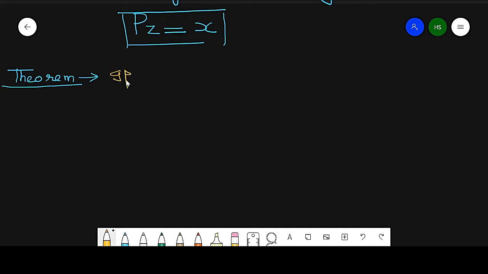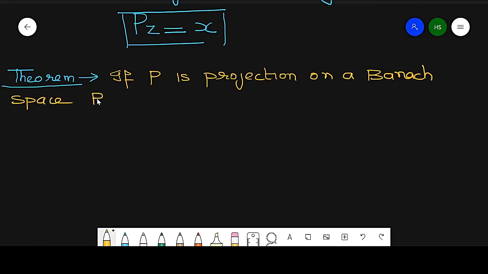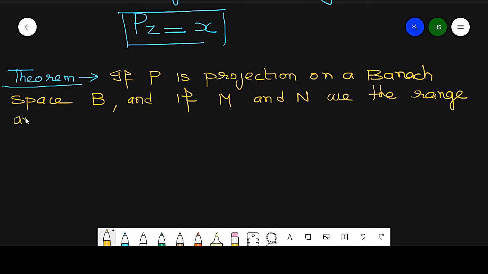Suppose P is a projection on a Banach space B, and M and N are the range and null space.